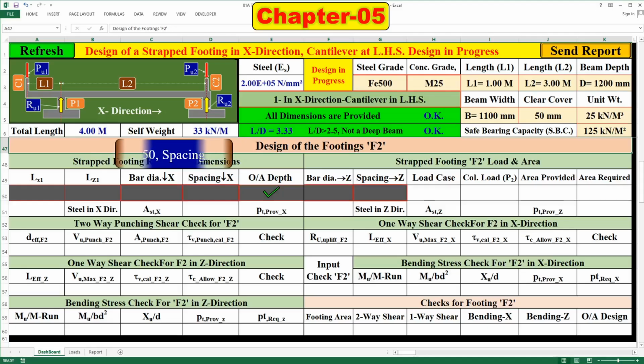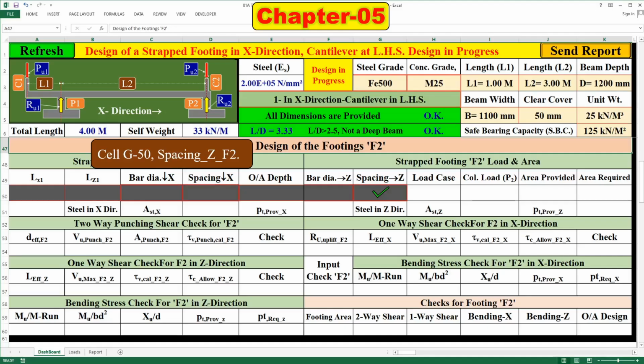Cell E50, defined name D_F2, it is the overall depth of footing F2. Cell F50, defined name bar_dia_Z_F2, it is the bar diameter of footing F2 in the Z direction. Cell G50, defined name spacing_Z_F2, it is the bar spacing of footing F2 in the Z direction.